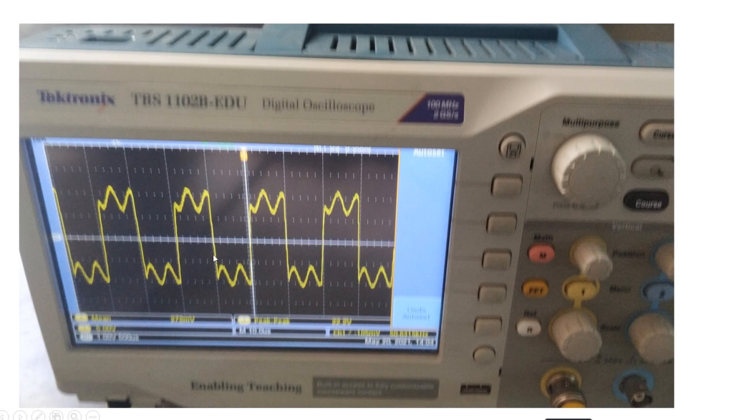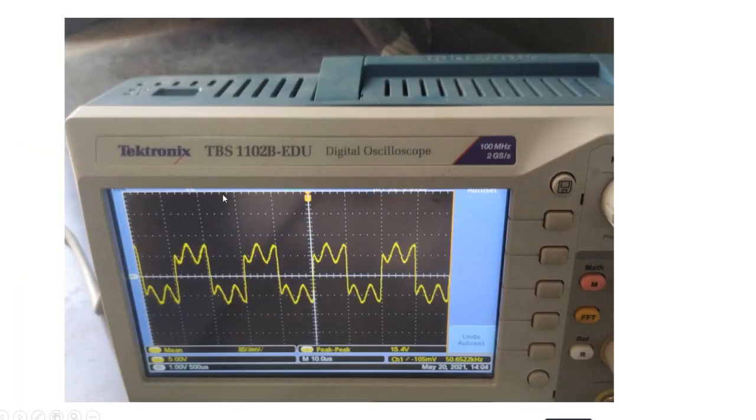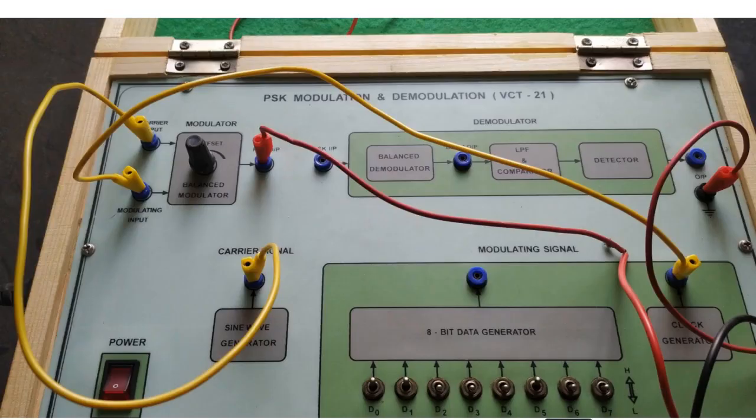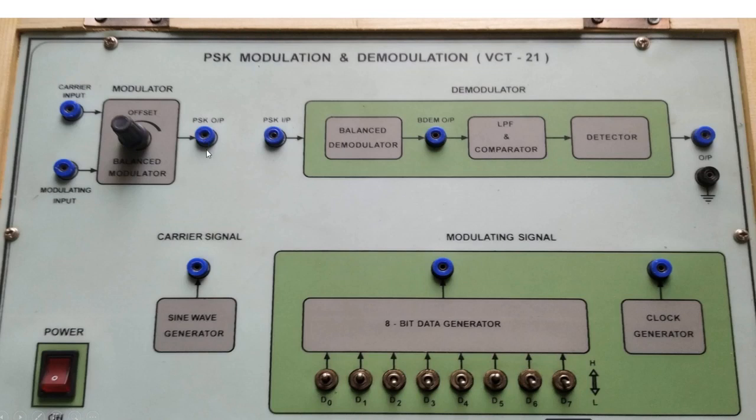If you rotate in the anti-clockwise direction, you will see the closeness between the 1 and 0. It is the lowest value of the knob, so you can see the different values for the applied bits at the input of the demodulator.